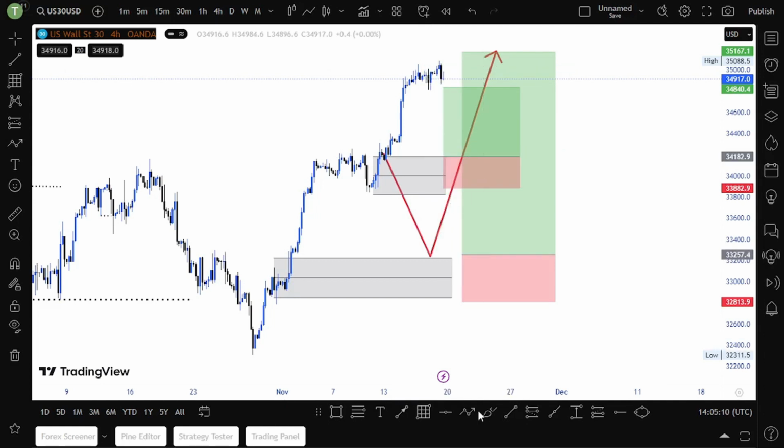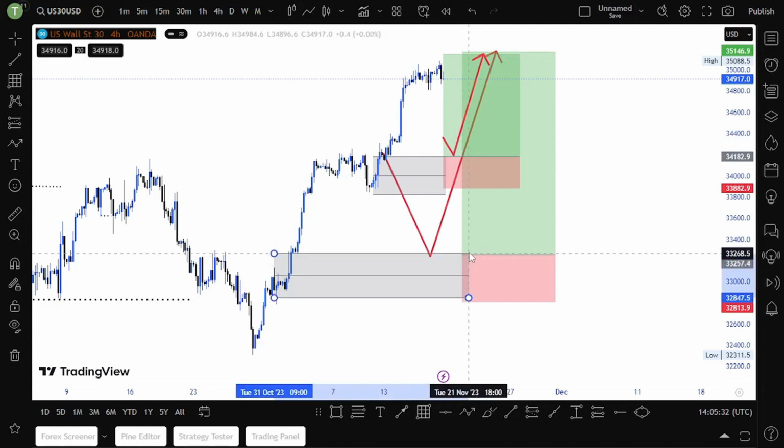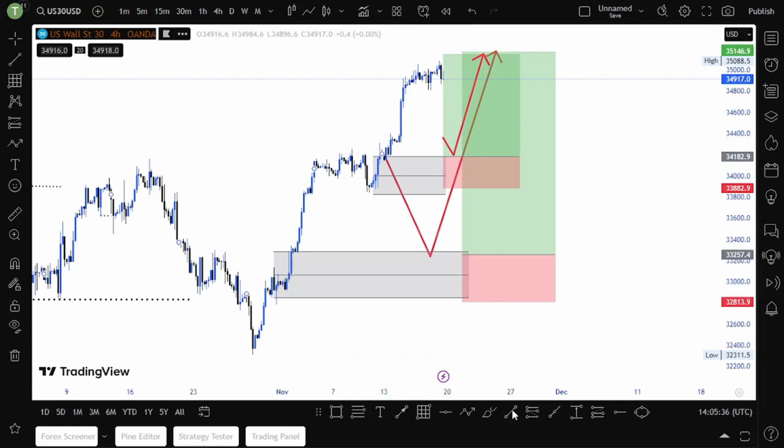We will be waiting for our buy entry at this demand zone, and then we also have our second demand zone here. So it's where we'll be buying. We'll be interested in our buys on USD.